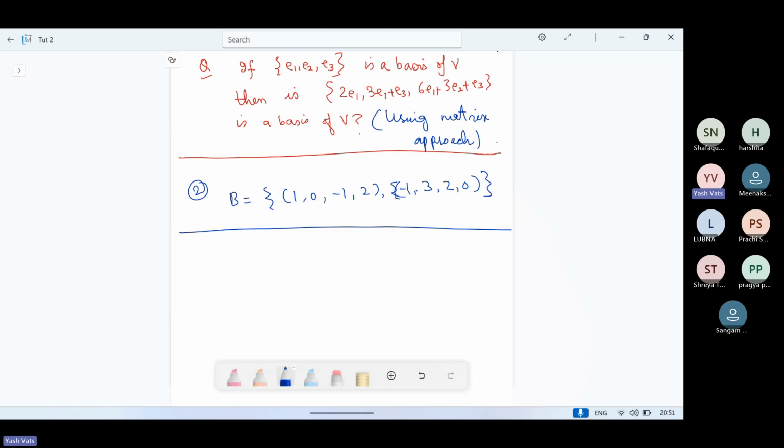Yes, so find the dimension of vector space S in P3x, right?